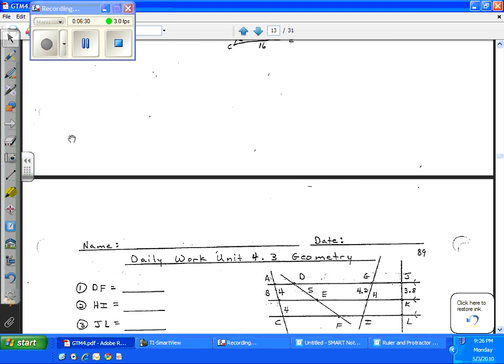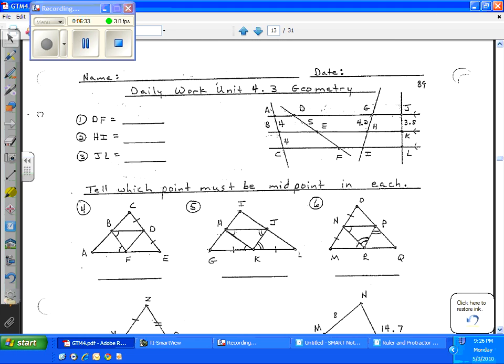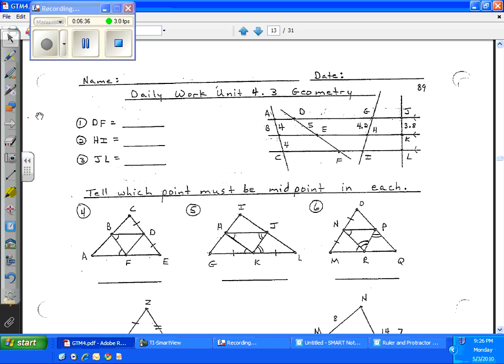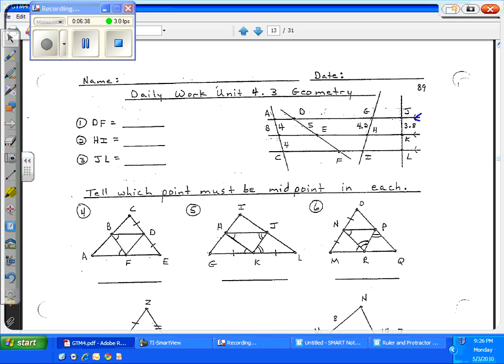So we're going to go right into the daily work here also. We have way over here marked that these three are parallel. So we have three parallel lines. If three parallel lines divide one transversal into two equal pieces, then they will divide every transversal that passes through there into equal pieces also.